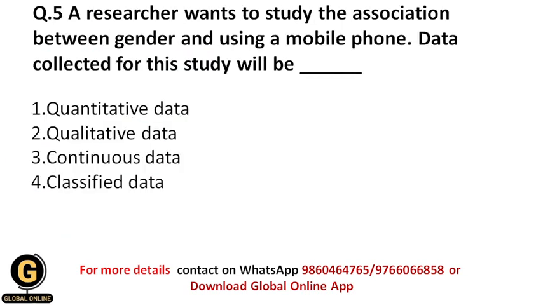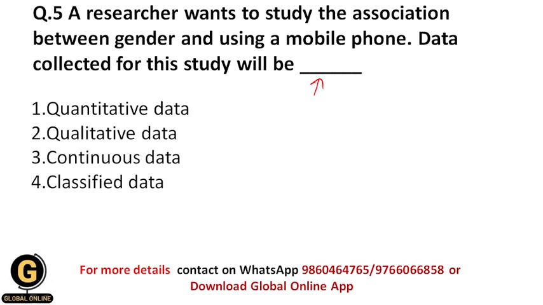Okay, a researcher wants to study the association between gender and using a mobile phone. Data collected for this study will be: here the researcher wants to study exactly what the association or relationship is between gender and using a mobile phone.